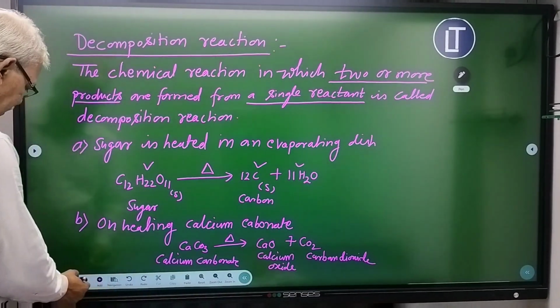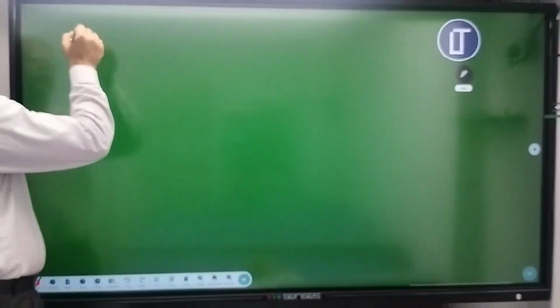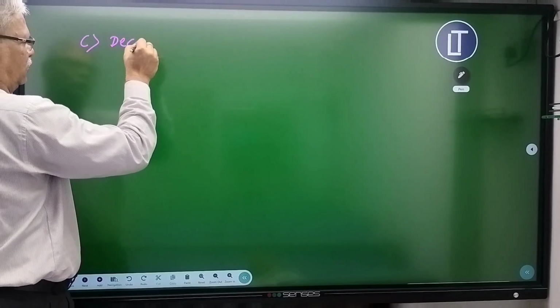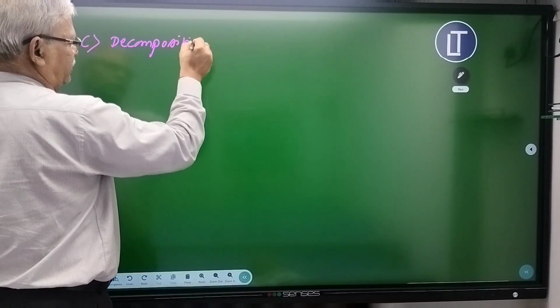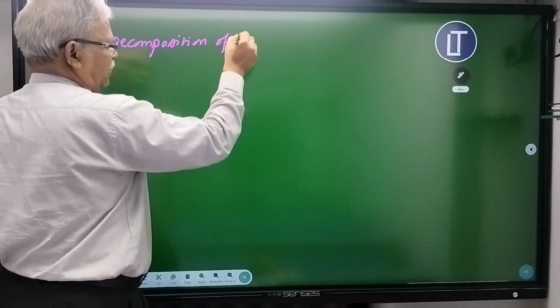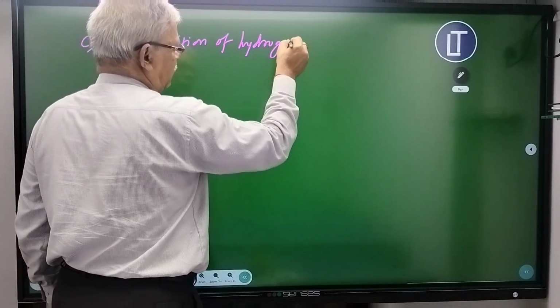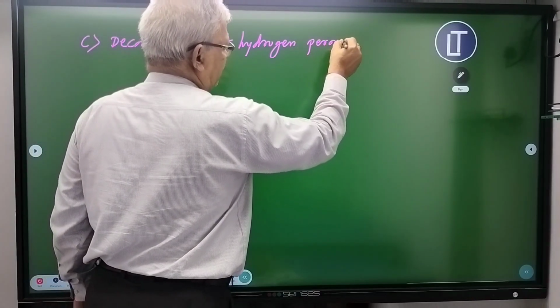Okay. The next example here, decomposition of hydrogen peroxide.